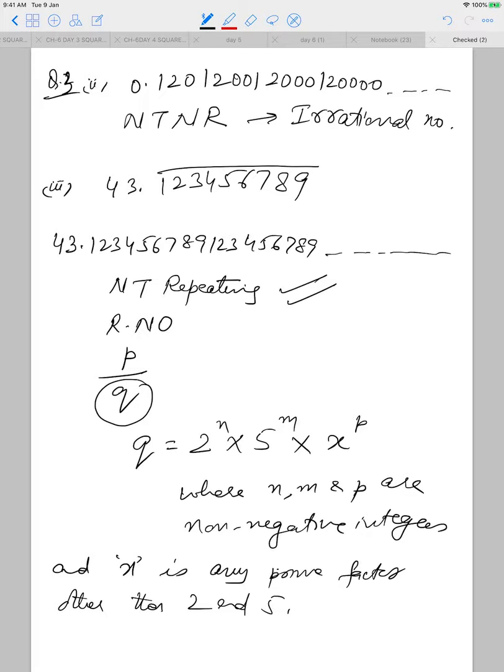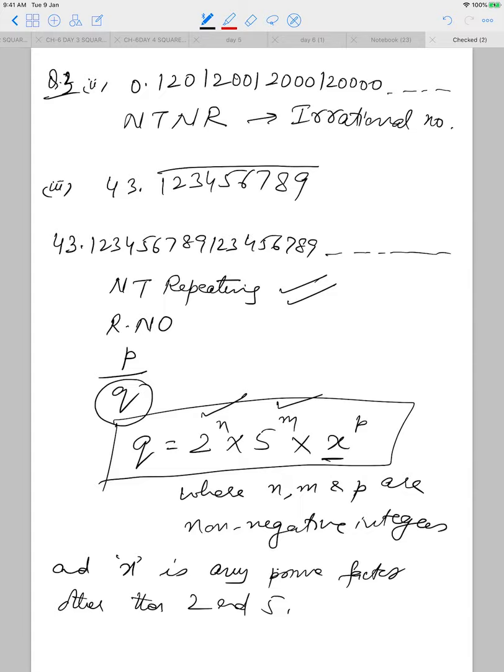This is the answer for q in this case. If it is terminating, we write only 2 to the power n into 5 to the power m. But when it is non-terminating repeating, we write one more factor here, x to the power p, where x is any factor other than 2 and 5.